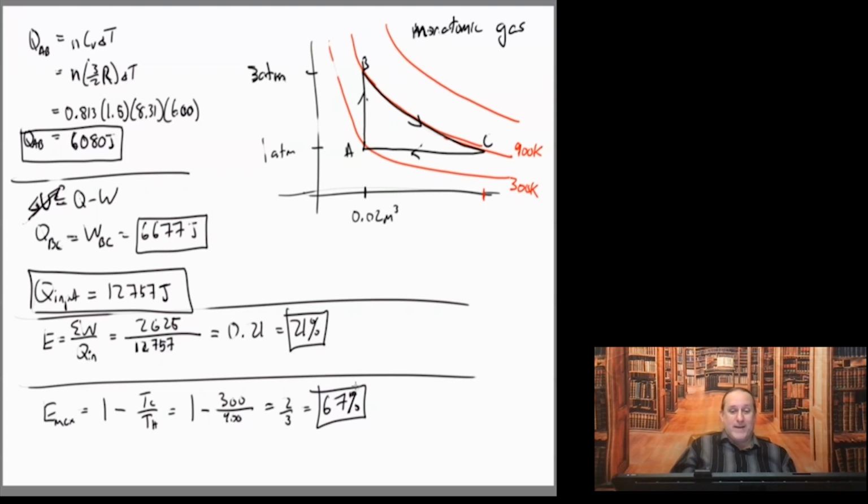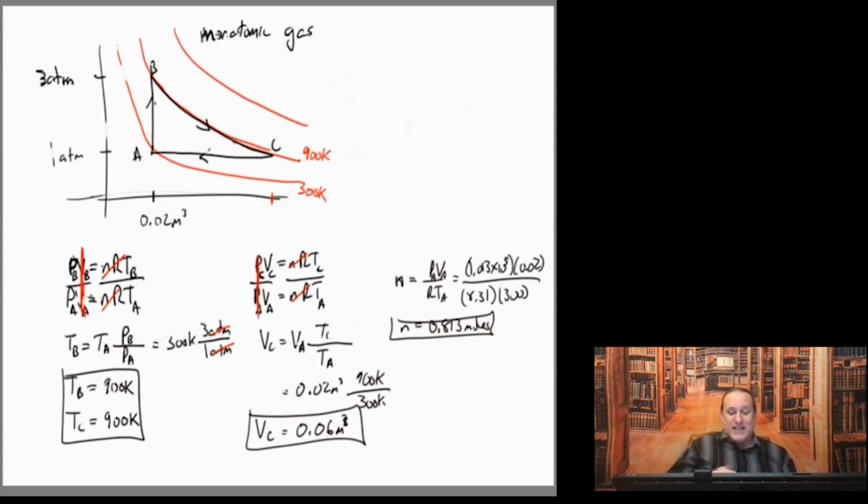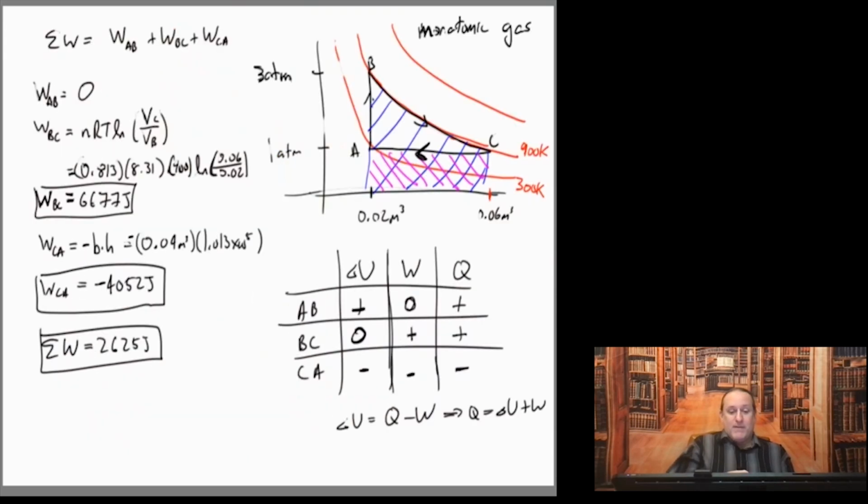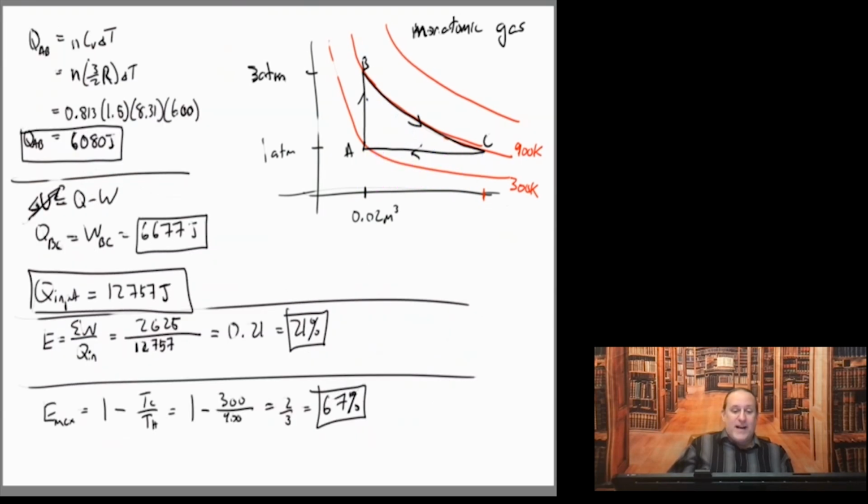The first problem might be to do what we did here and fill in all of the temperatures and volumes and number of moles, all the things that we don't know. That could be one problem. Another problem might be finding the total work output. Another problem could be finding the heat input, and then finally another one finding the efficiency, and then comparing that with the Carnot efficiency.